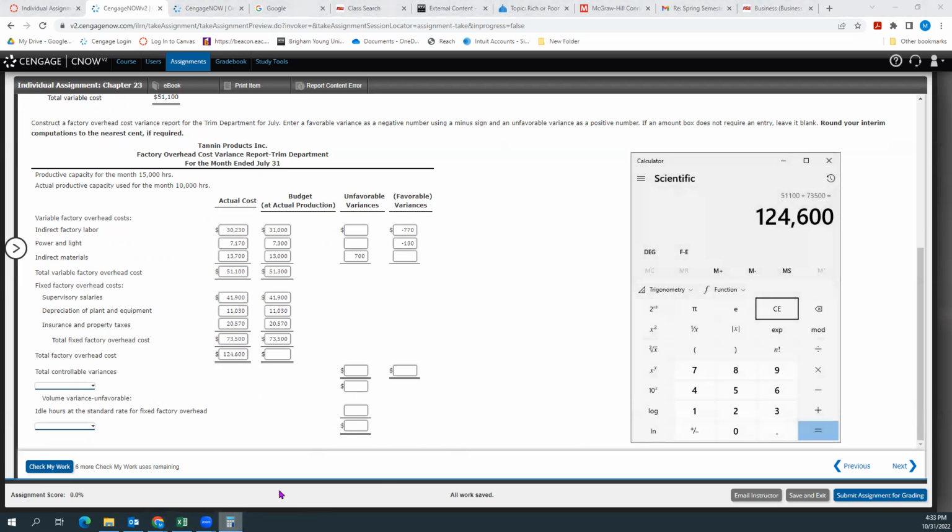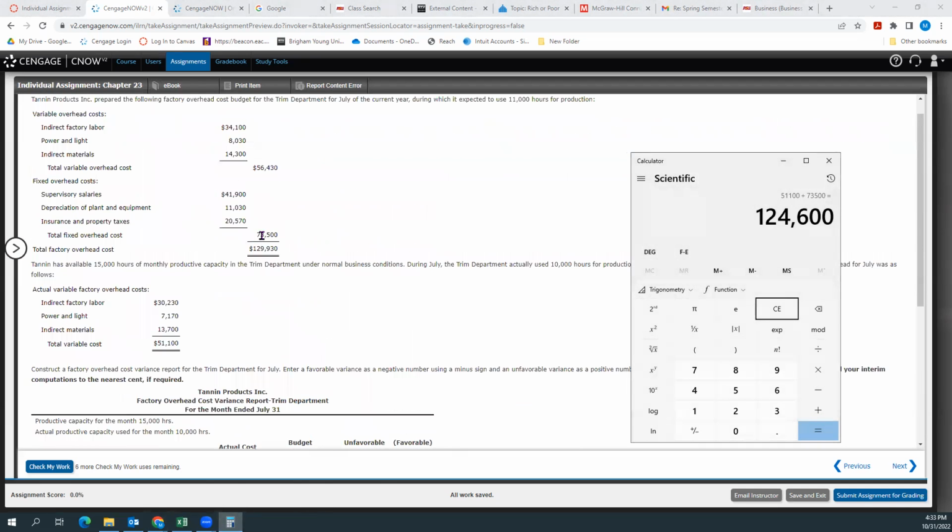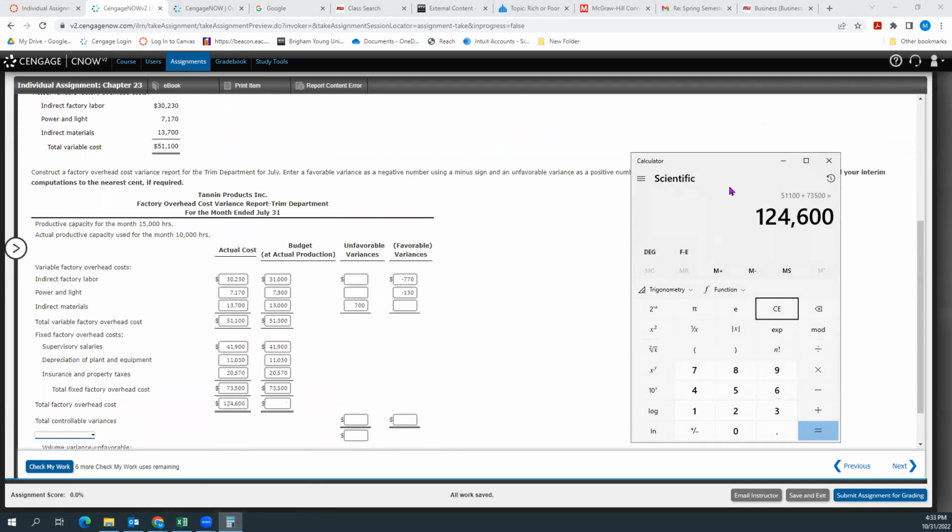Our budgeted, you could probably just get from up here, or we can add these up. And I'll just do it to double check, make sure I didn't make any mistakes. Oh, looks like I already have my subtotals. Sorry about that. 51,300 in variable plus 73,500 in fixed. 166,700.